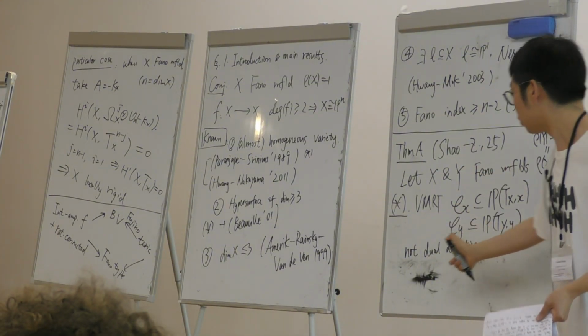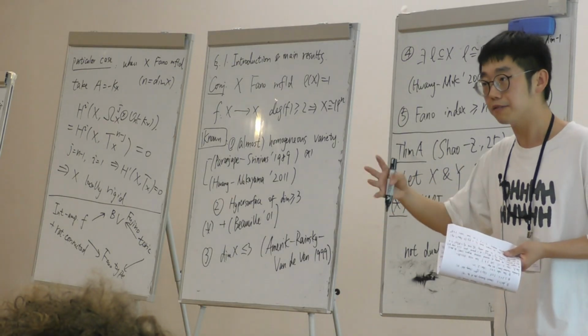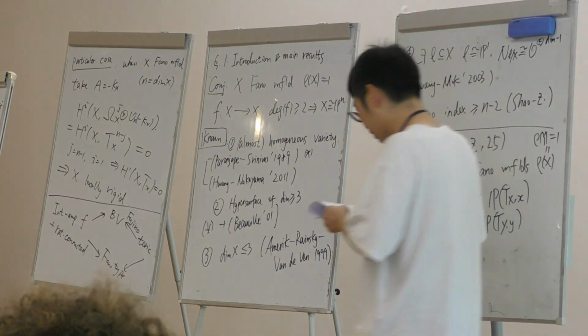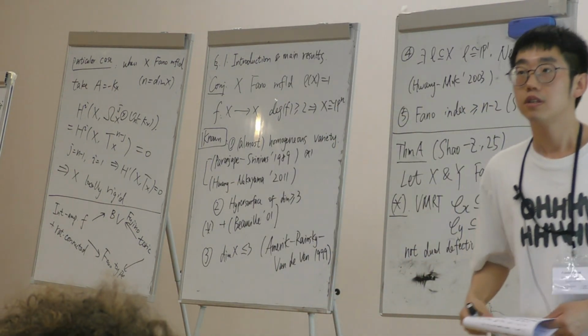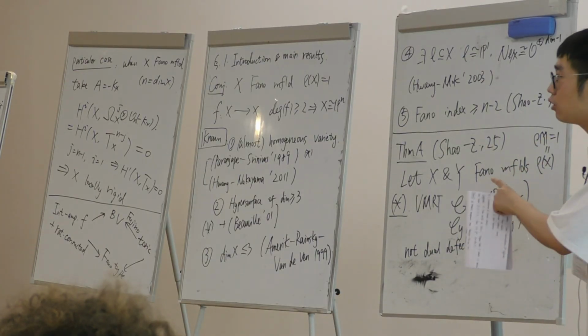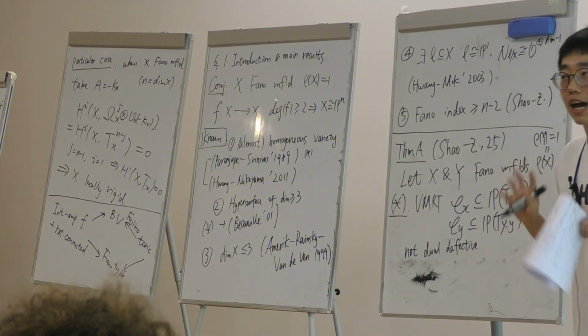Okay, so not dual defective means its dual variety is a hypersurface in the dual projective space. Okay, so for each point x and y, for a general point. Yes. Actually, this VMRT notion is well behaved only for general points. Okay. Yeah, I will explain this later.